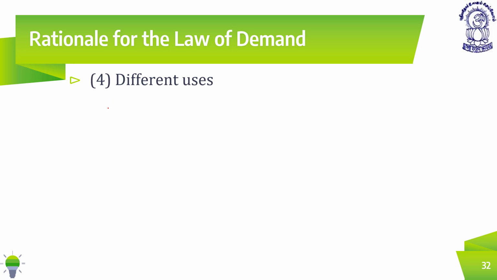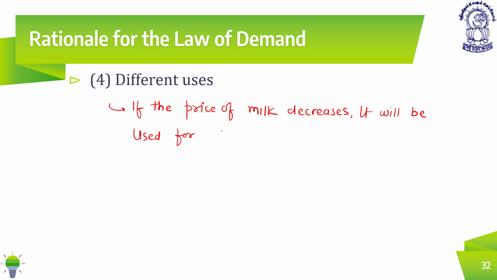You can take an example and write: if the price of milk decreases, it will be used for making curd, ghee, butter, paneer, cheese, etc.